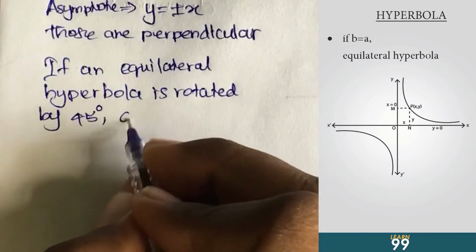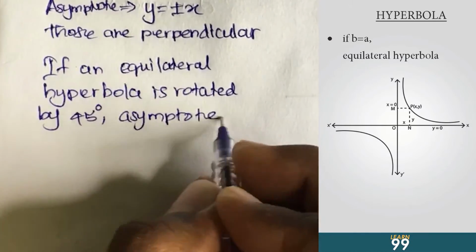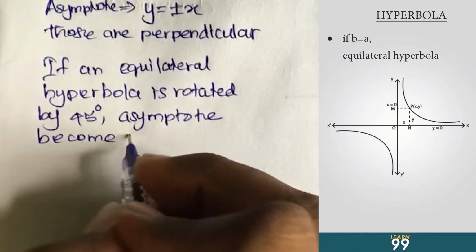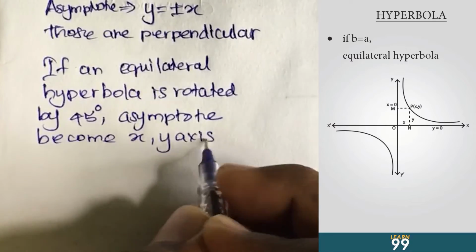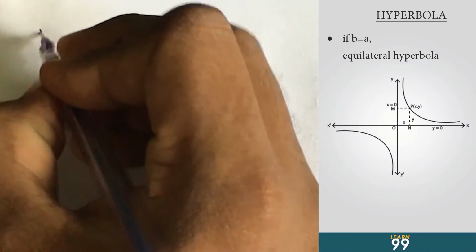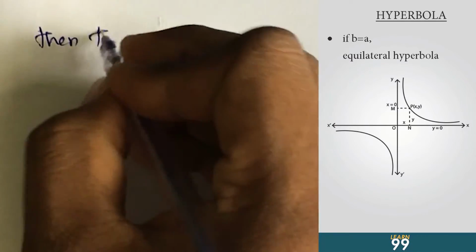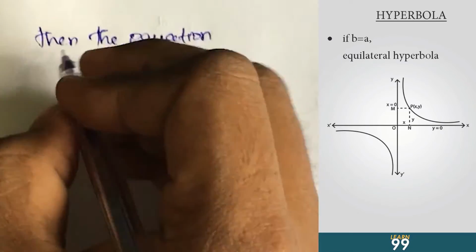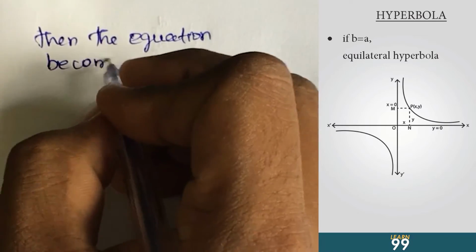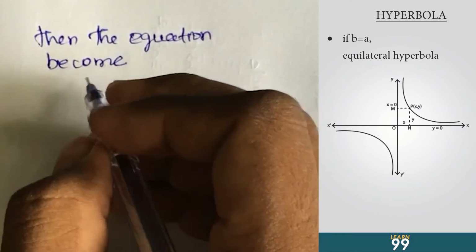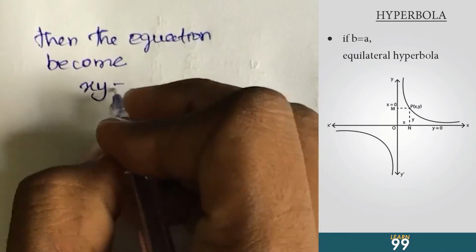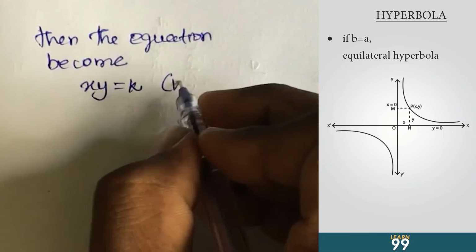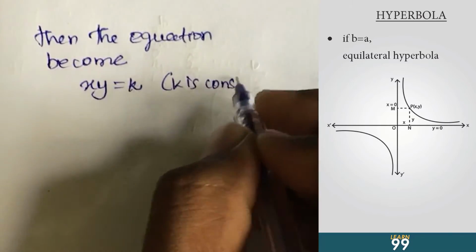Our asymptotes become the x and y axes. Then the equation becomes xy equal k, where k is a constant. It's not needed for us, but we have to know about this.